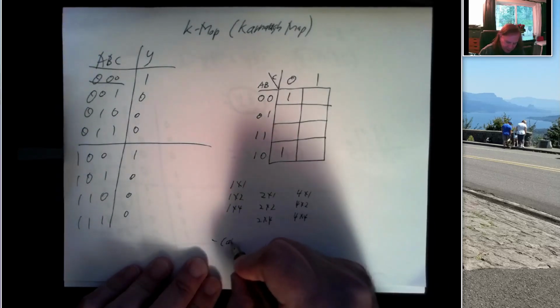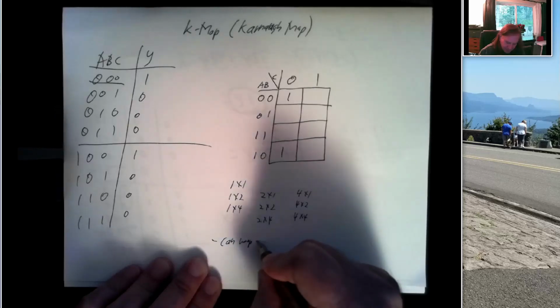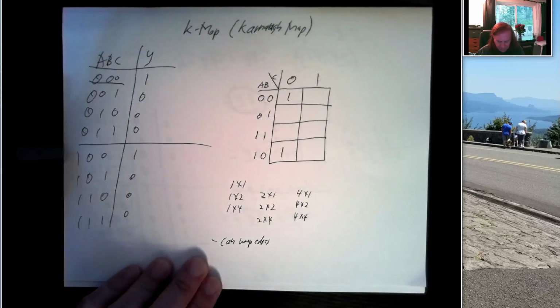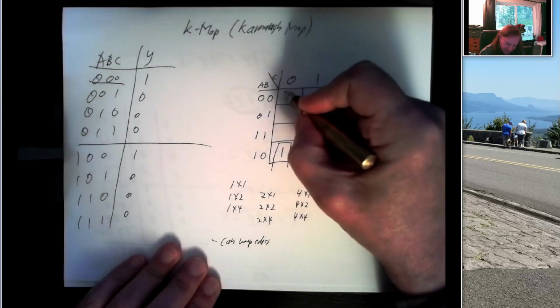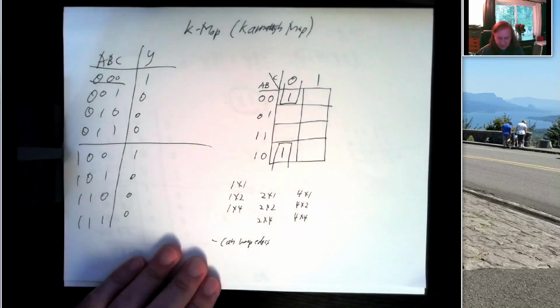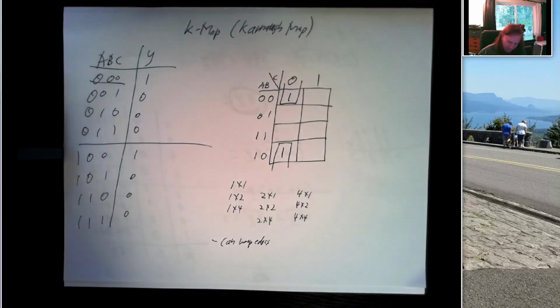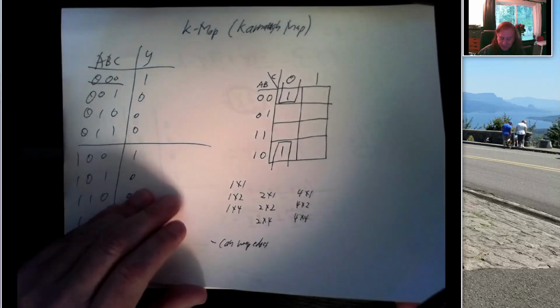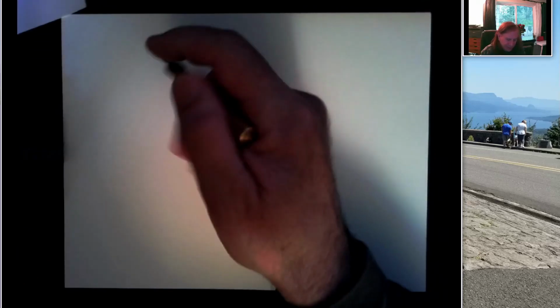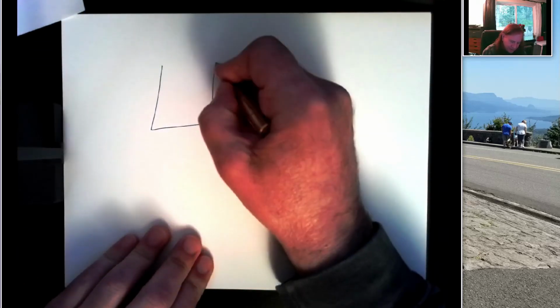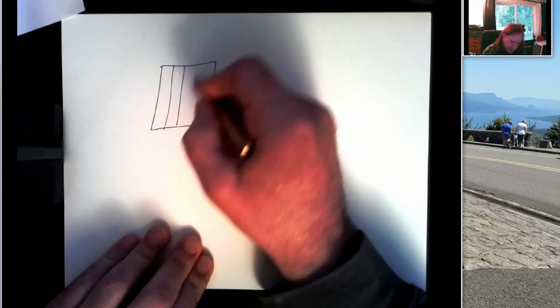And we can also wrap edges. So I'm going to draw a 1 by 2 rectangle that covers these two squares. And that's totally legal. And let me just show you some other K-maps and how we might cover our ones.